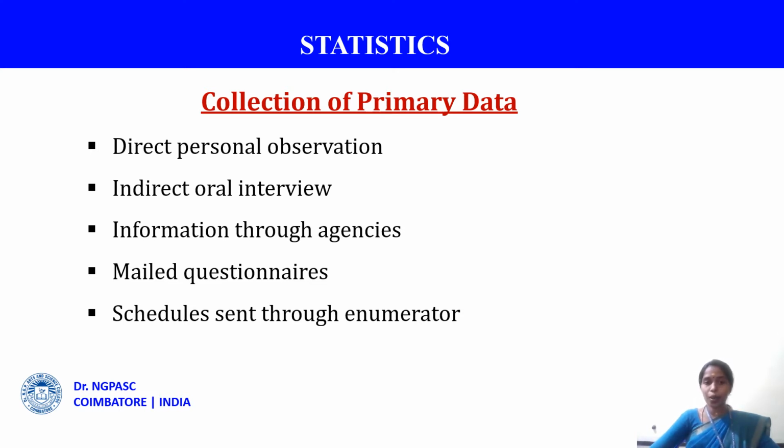The last method is the schedule sent through enumerators. Here we train some people on how to collect the data and how to create the question paper, and these persons are sent to different places, collect the information and give it to us. For example, this method is often used by journalists, that is journals and newspapers, where the press reporters do this. These are the different ways of collecting primary data.